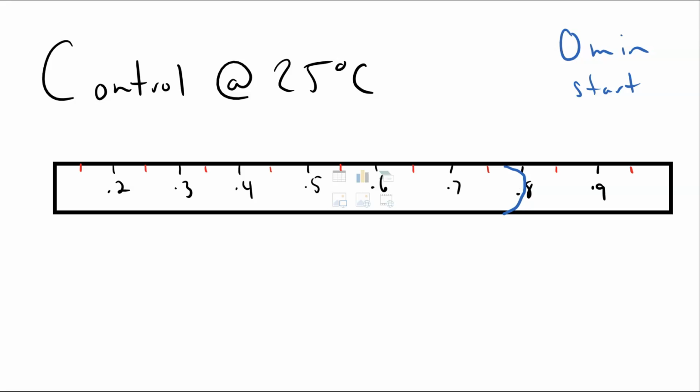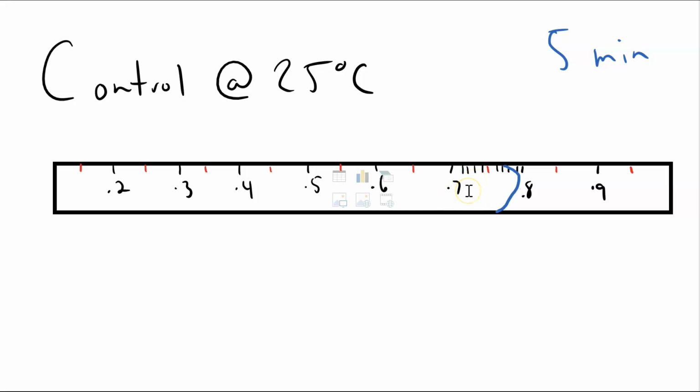Okay, so we're doing our control at 25 degrees Celsius, which is room temperature. I place the respirometer in the water, and the water rushes all the way into 0.8. So your initial reading at time 0 would be 0.8. And then I'm going to come back to this pipette tip every 5 minutes and read it. So when I come back 5 minutes later, there it is. I'll go ahead and tell you what this is. I've actually done the readings for you for the control.